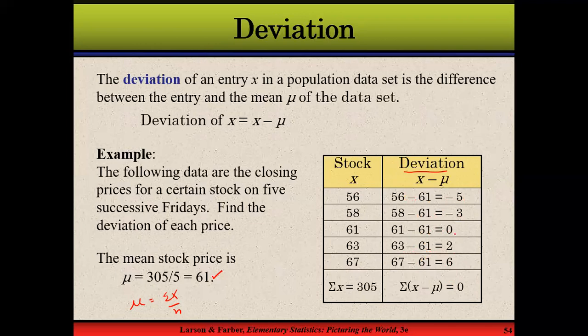Now here you can see that there are some negative variations and some positive variations. Let me draw a line here. The mean is exactly in the center of the data, right? So we have a few data values that are lower than the mean and some data values that are higher than the mean.